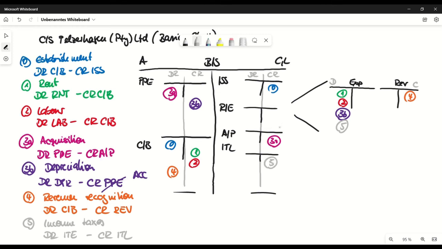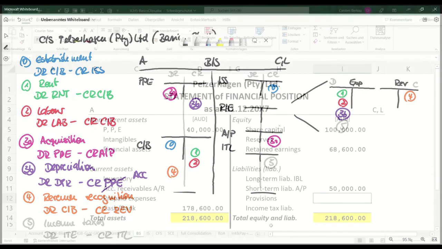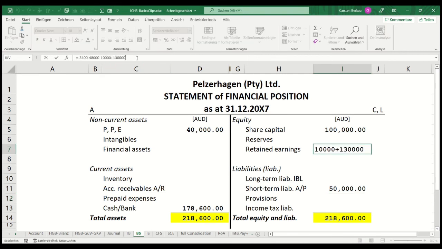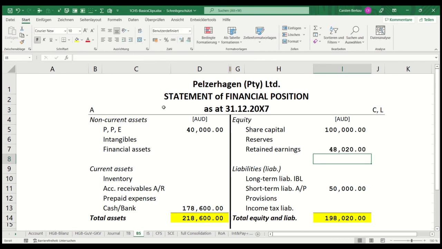In the retained earnings account, you later find the profit after taxes. With the next bookkeeping entry, we deduct the income tax liabilities from retained earnings and we add them to the income tax liabilities. Debit entry 20,580 in the retained earnings account. Credit entry is in the income tax liabilities account.